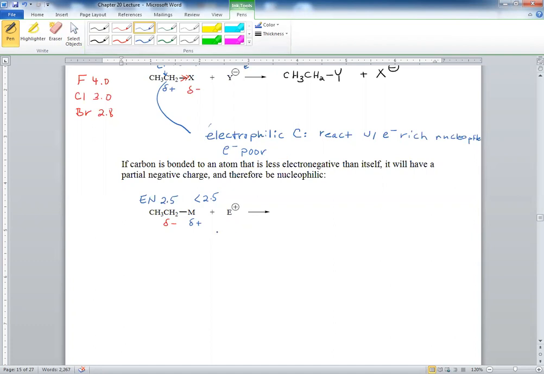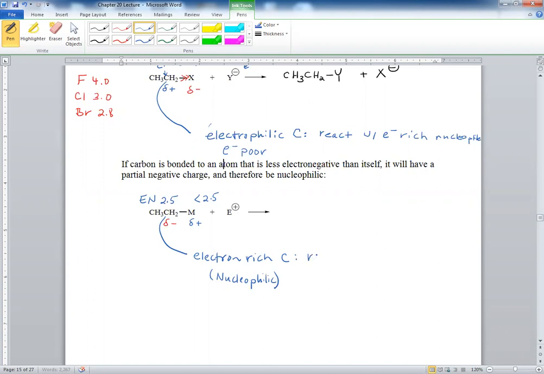And therefore, this carbon will be an electron-rich carbon, nucleophilic. So what is it going to do now?